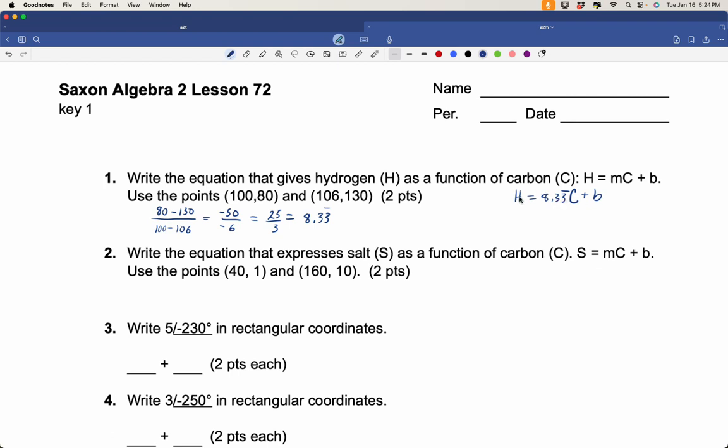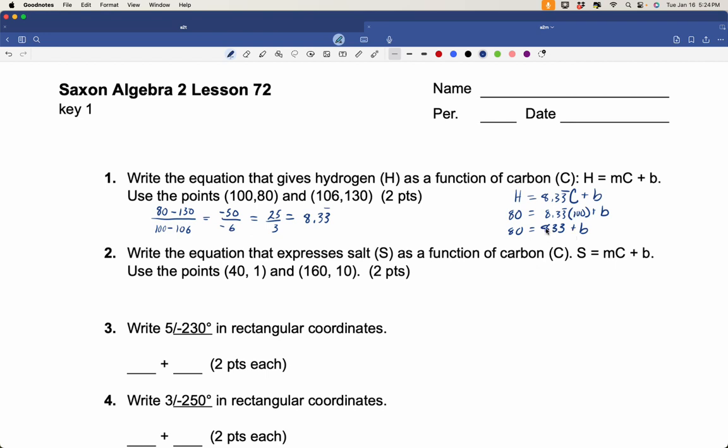Let's sub in hydrogen and carbon. Remember, hydrogen is the y, so I'm going to use the first point: 80 is equal to 8.33 times 100 plus b. So that's going to be 80 is equal to 833, and we'll just forget about that little rounding thingy, plus b.